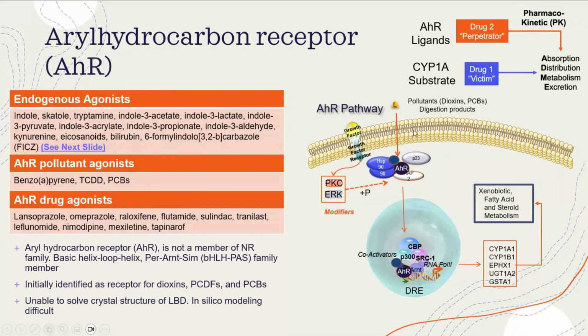And this is not a nuclear receptor, but it has the same basic mechanism of action: ligand binding, binding to DNA, in this case as a heterodimer with ARNT, regulating phase 1, phase 2, and phase 3, a different battery of genes, but again, leading to drug-drug interactions. So different family, same activity.